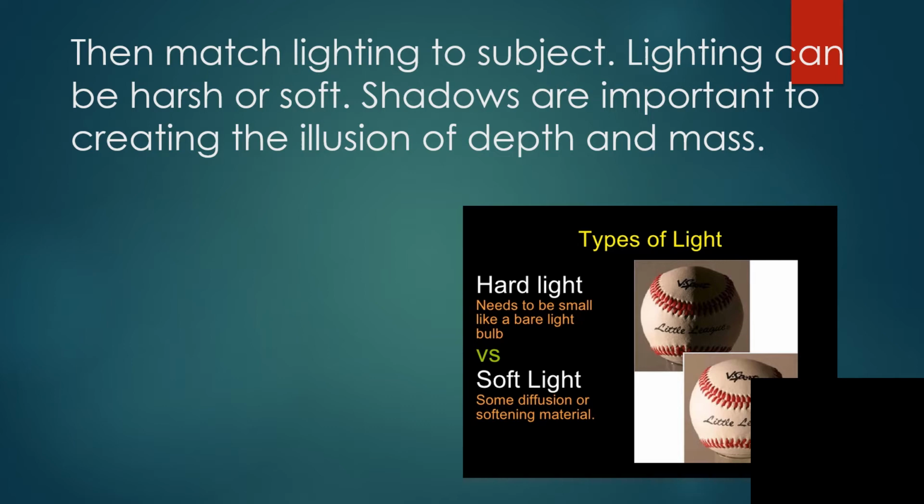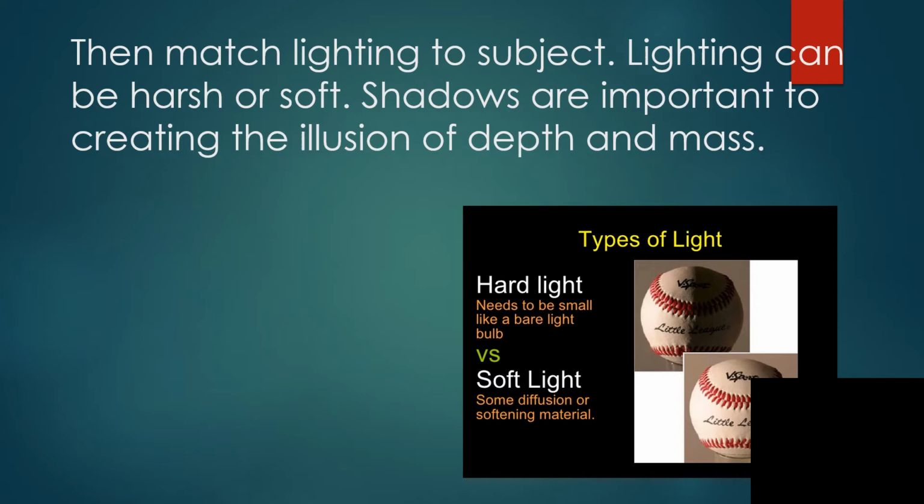So harsh light, sometimes called specular light, comes from a point light source, a very small light source, and it casts very dark shadows, and some of those shadows have very crisp edges. And then we also have soft light. In a studio, you might think about a big square white light box called a soft box.